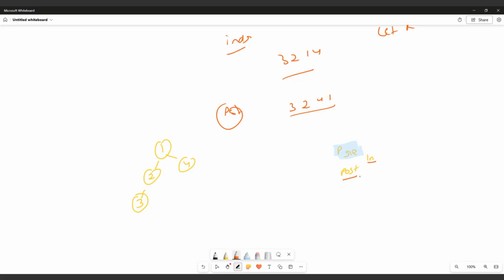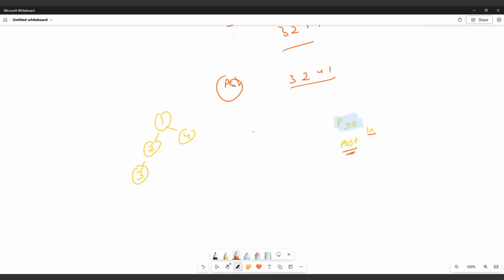Okay, class. I am doing the dry run for post-order. So the post-order code looks something like this. If root doesn't exist, return.